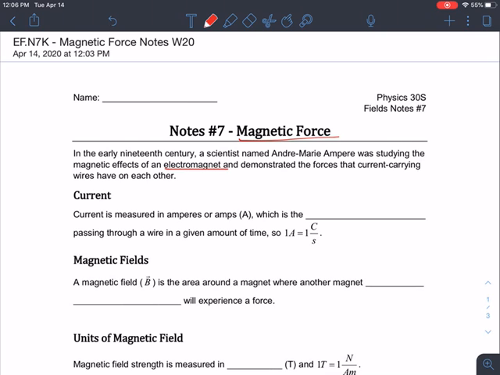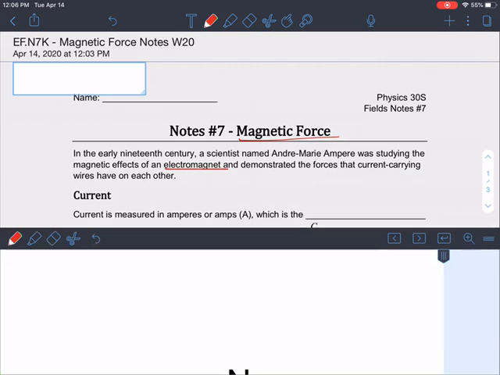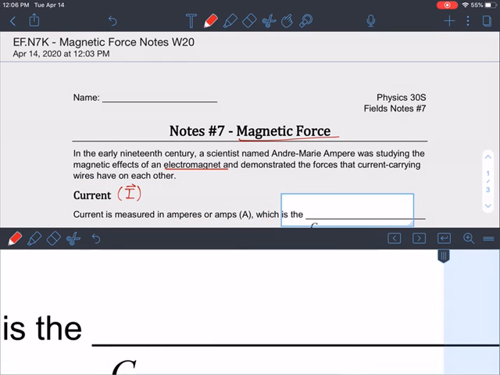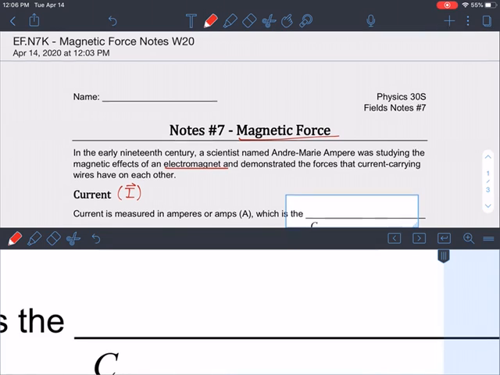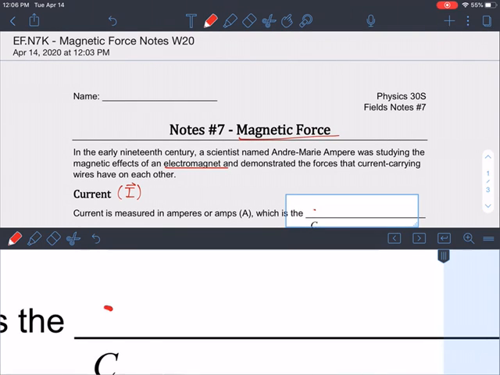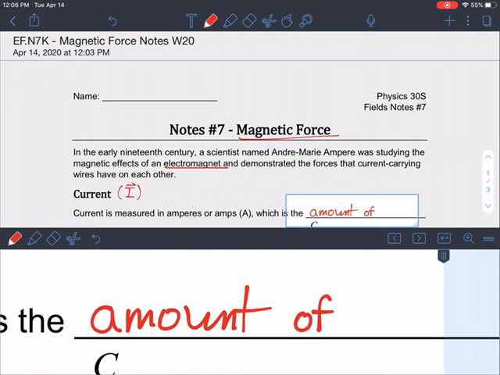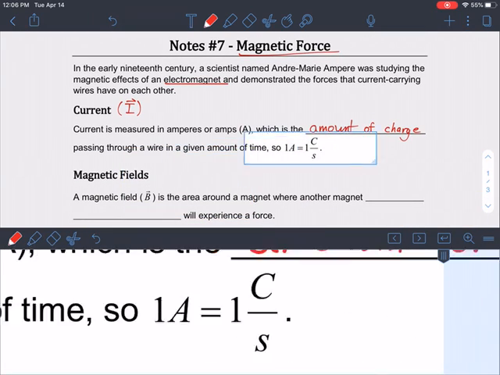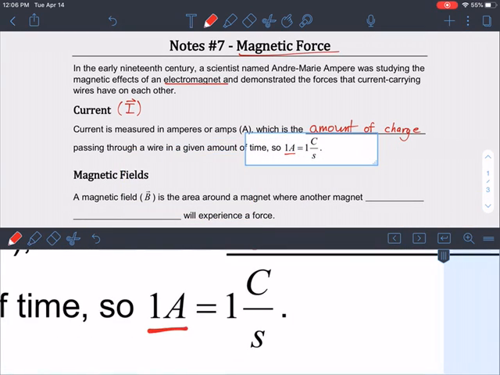Current is the letter I. We know this already. I for current, I don't know why. It is measured in amps, which is the amount of charge that is passing through a wire in a given amount of time. 1 amp is 1 coulomb per second.